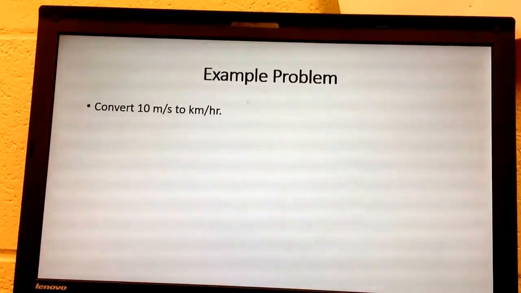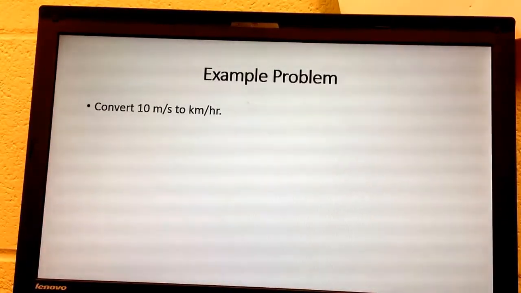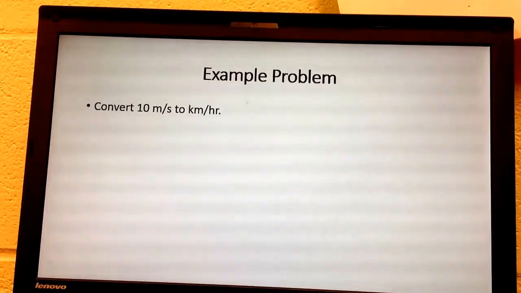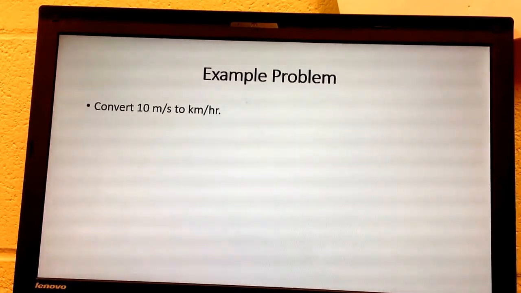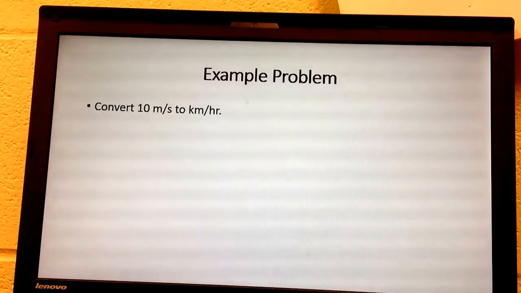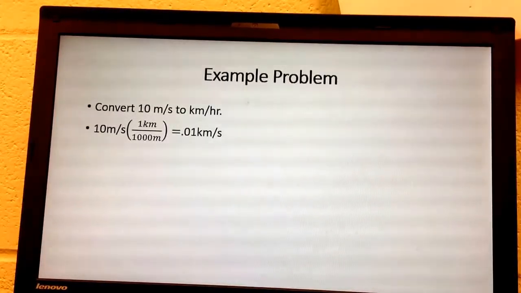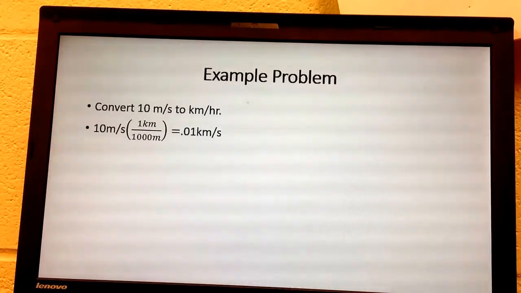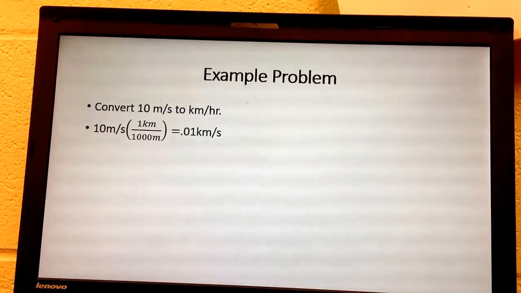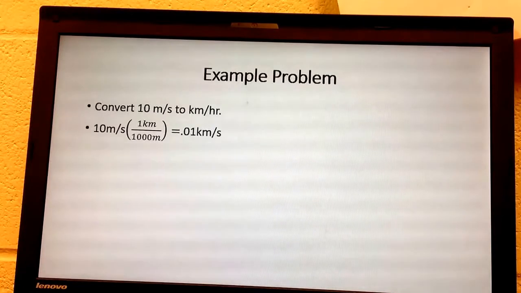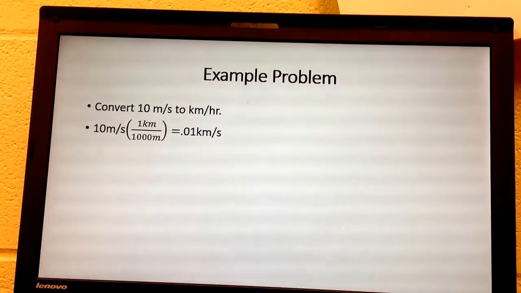Another problem. Let's convert 10 meters per second to kilometers per hour. So we're dealing with speed, or velocity. We have to do 2 conversions now, one from meters to kilometers and one from seconds to hours. Let's start with the meters. We're already at the base unit, so we want to go to kilometers, so we'll say 1 kilometer per 1,000 meters.